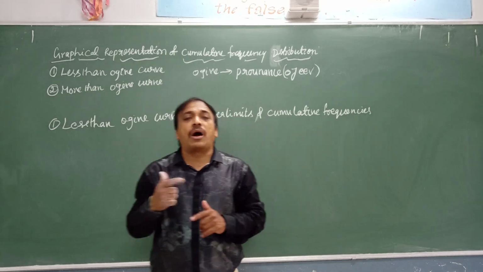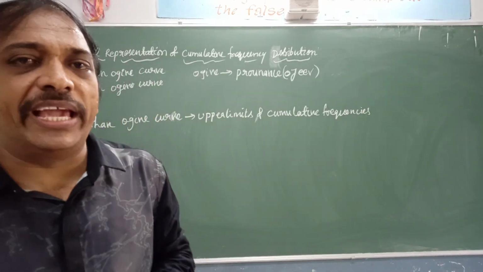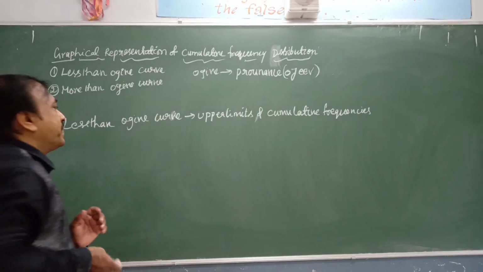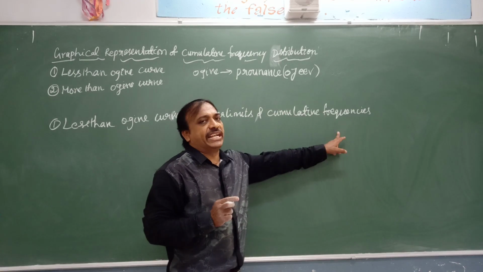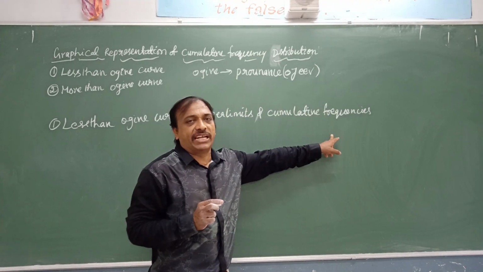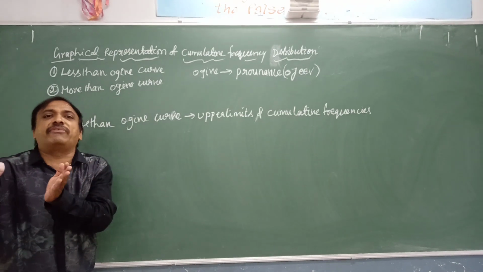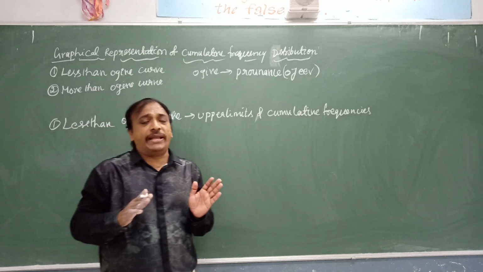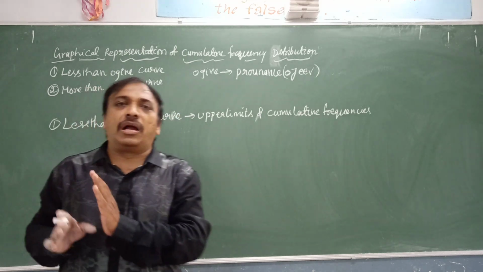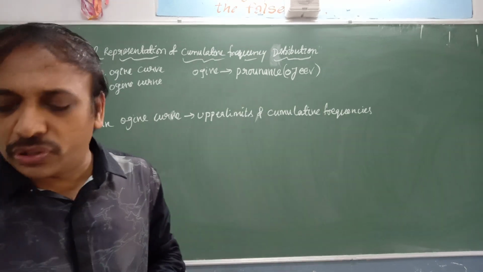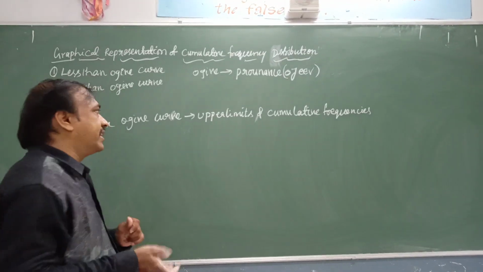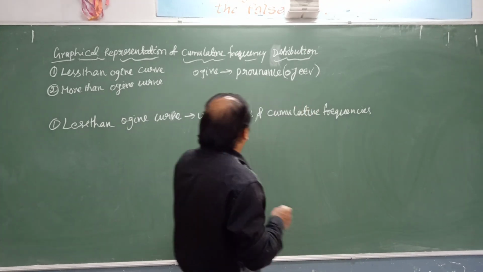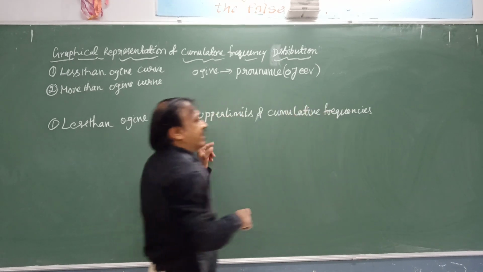So for the less than ogive curve, we use upper limits and cumulative frequencies, and the shape that appears is an S shape with vertical ends, flowing from concave to convex.